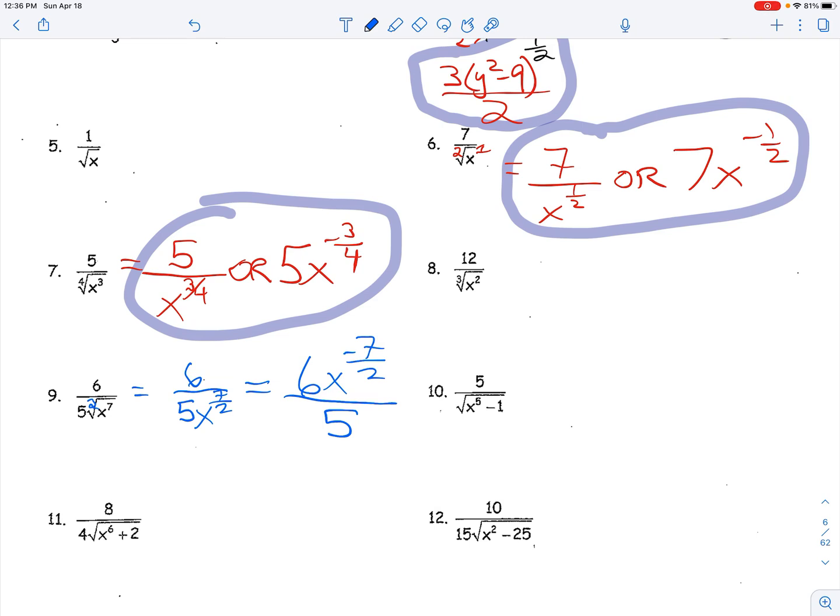Now, technically, that's not on level ground. This answer right here, everything's on level ground.